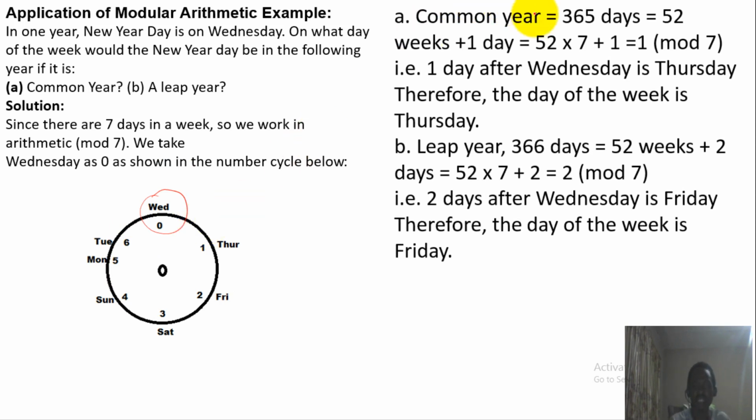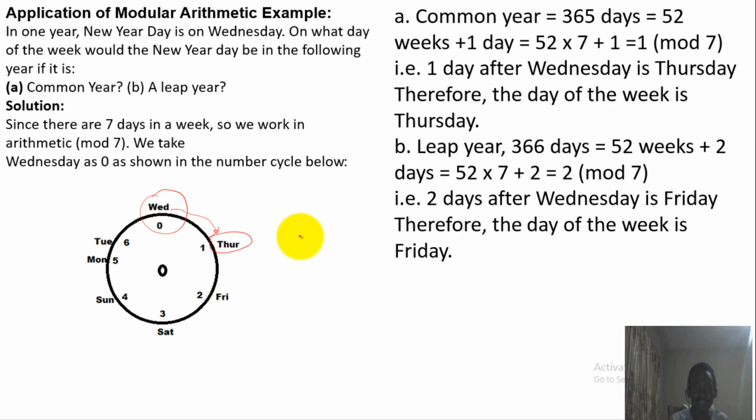The common year is 365 days, and when you divide 365 by 7, you have 52 weeks and 1 day remaining. That remainder just moves the day on from Wednesday to Thursday.